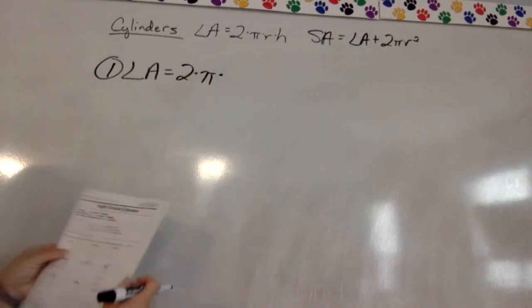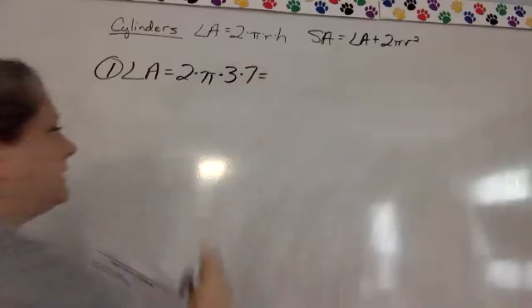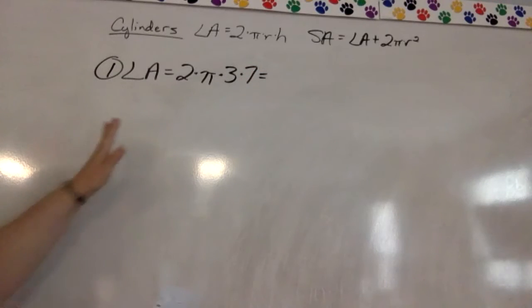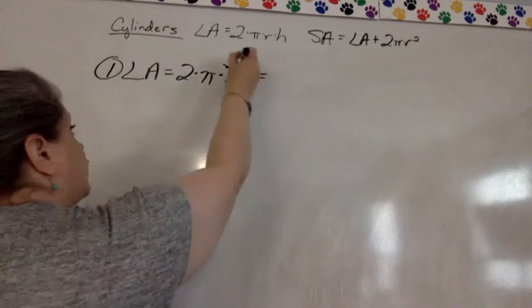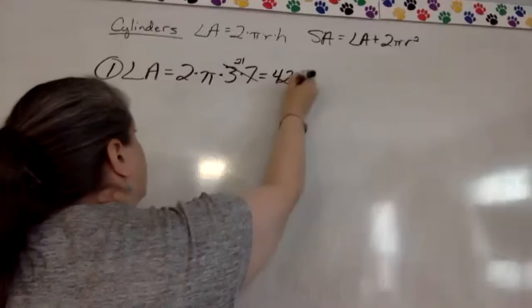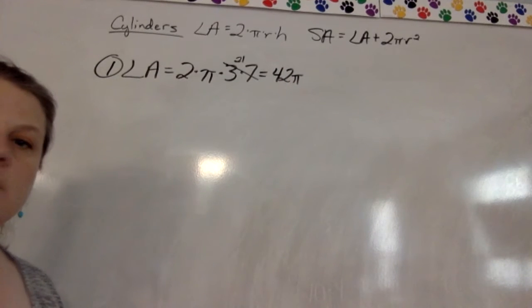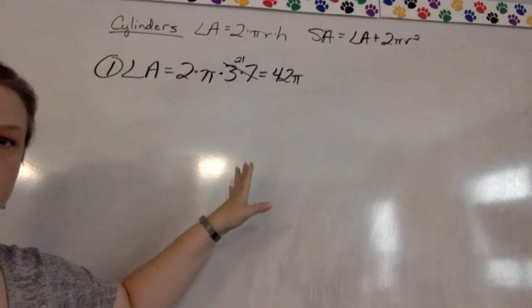Oh no, 3. The radius is 3 and the height is 7. So that's 2 times pi times 3 times 7. So 3 times 7 is 21. 21 times 2 is 42. And then you just leave the pi on the end. Don't bother multiplying with the 3.14. Just leave pi in your answer.